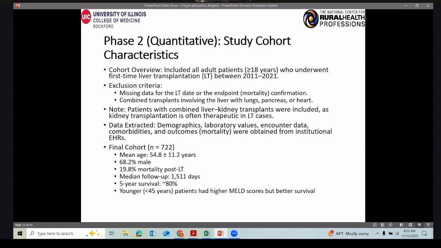This suggests that younger patients might be more resilient and recover better post transplantation even when presenting with more severe disease. So overall, this cohort gives us a strong foundation to study how comorbidities interact with demographic and clinical factors to influence survival after liver transplantation.